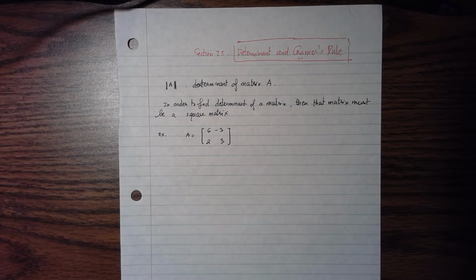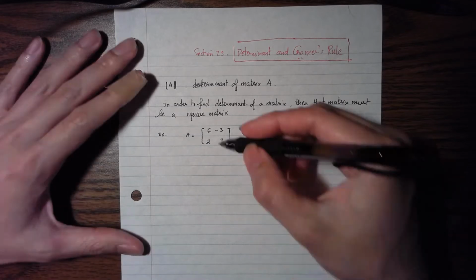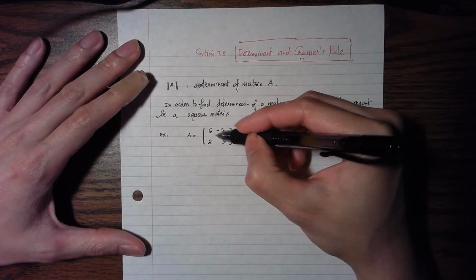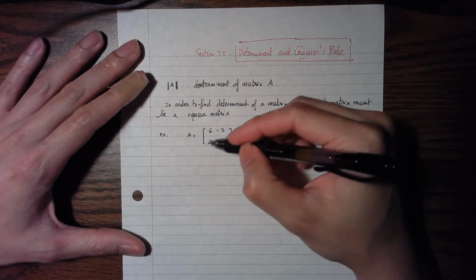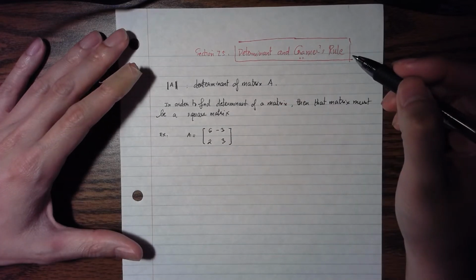In order to find the determinant of this matrix, all you have to do is multiply diagonally between two entries, and subtract from each other.